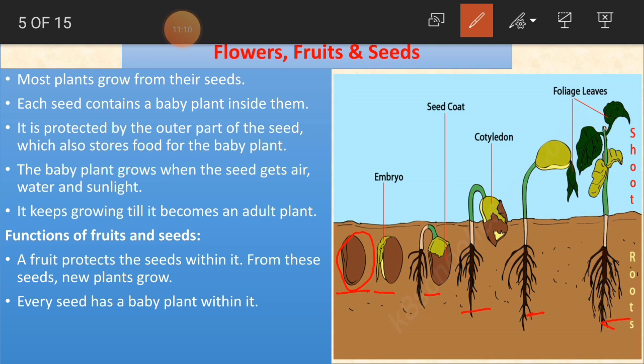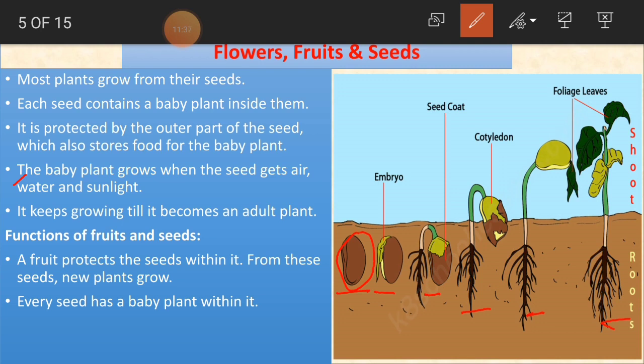Okay, so it is storing the food for the baby plant, and the baby plant grows when the seed gets air, water and sunlight. Not only water, the baby plant has to get air and also sunlight.